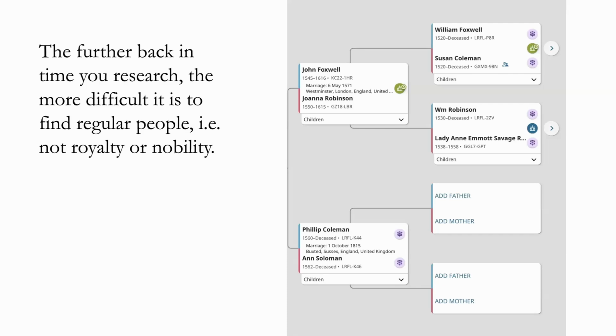My answer is, yeah, kings and queens and nobles had children too, but mostly they kept track of those children because they were nobility. If you're really in a noble family, it's very unlikely that your commoner ancestor all of a sudden became a noble person. It's possible, but not very likely, and that takes a lot of research.